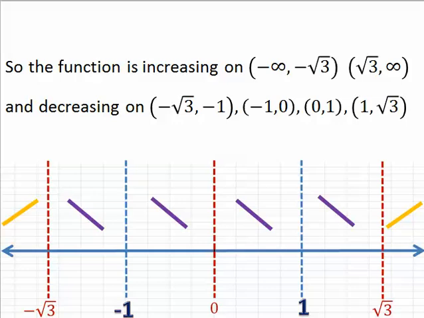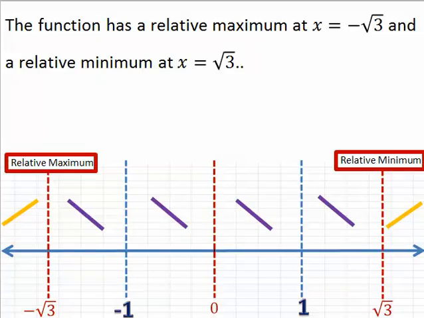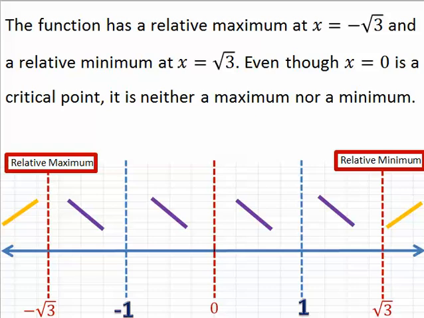And it's decreasing everywhere else. Find extreme values. We have a relative max at negative radical 3 and a relative min at positive radical 3. Even though x equals 0 is a critical point, it is neither a max nor a min.